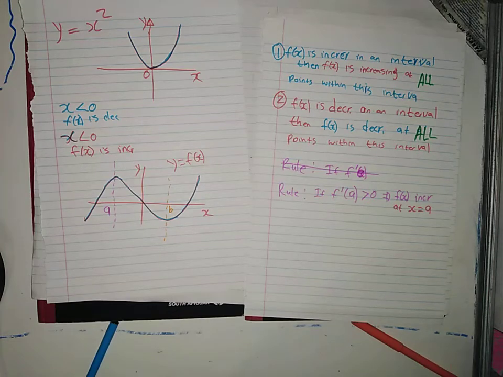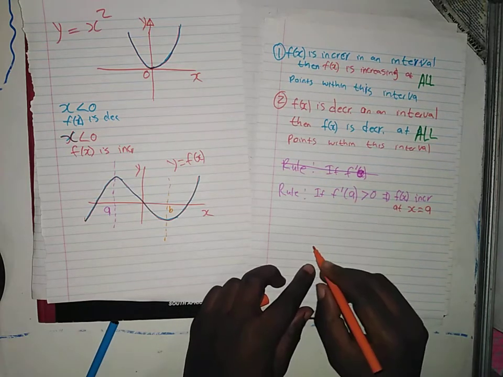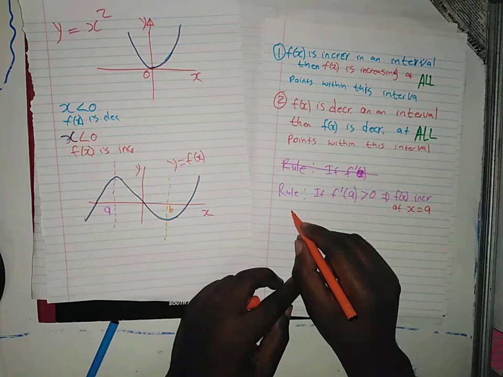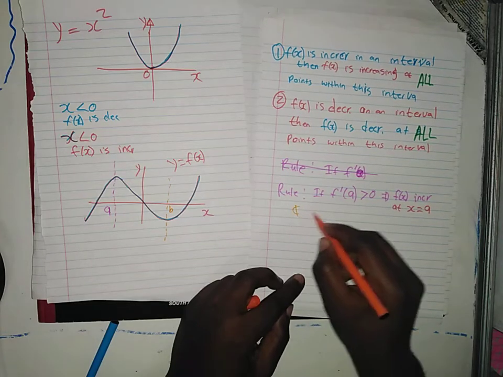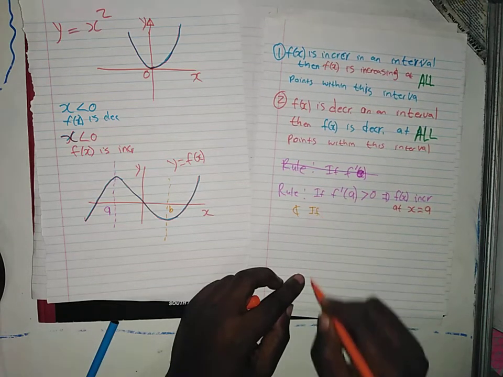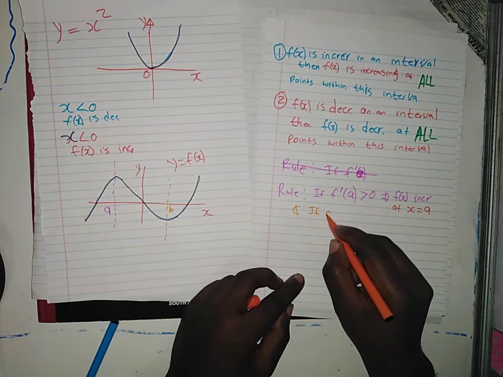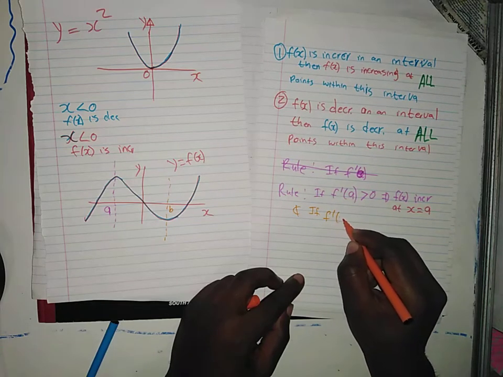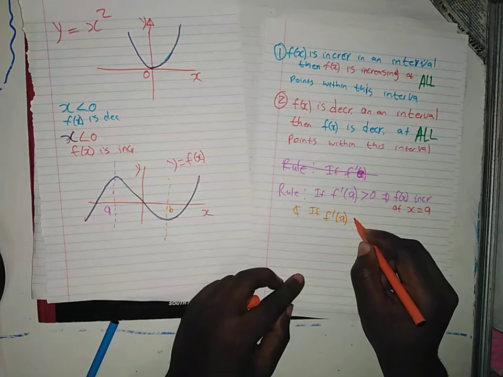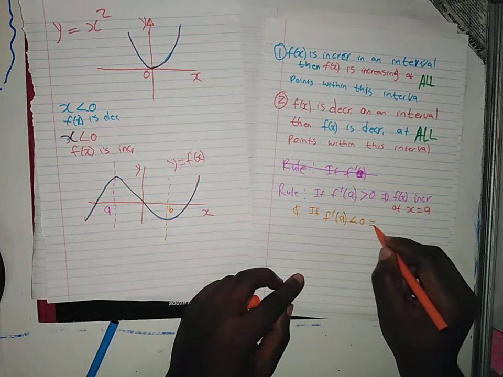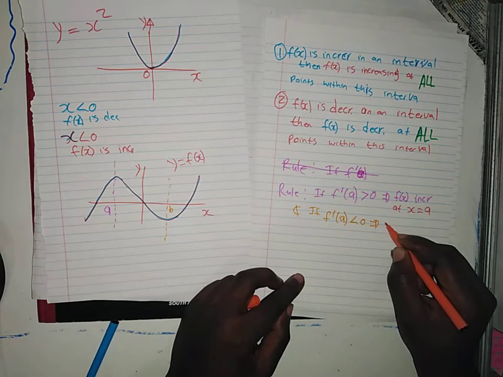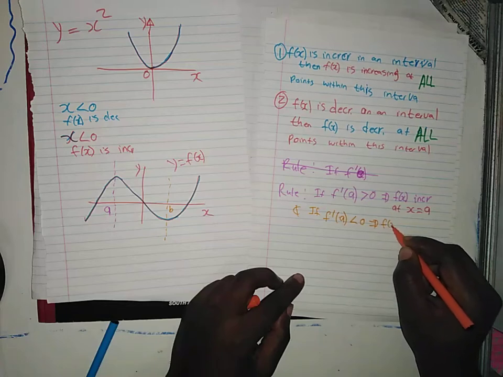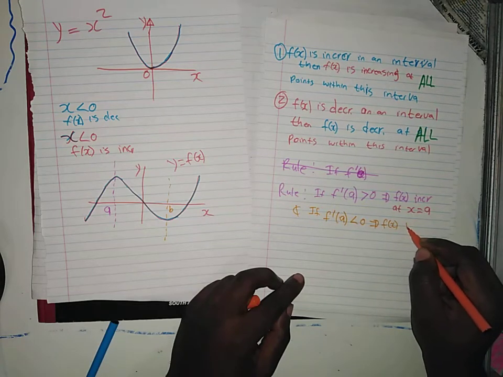Now there is a second part to this rule. What is the second part of this rule? It is that if you've got f prime at a being less than 0, that means that f at x is decreasing.